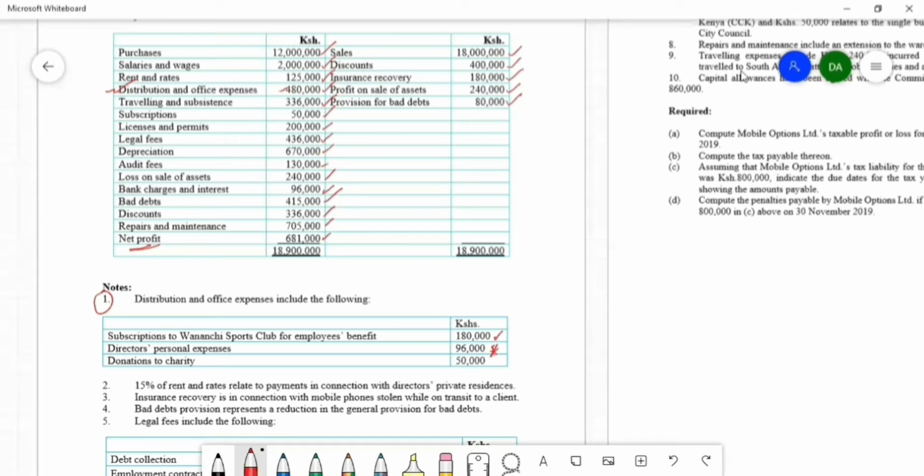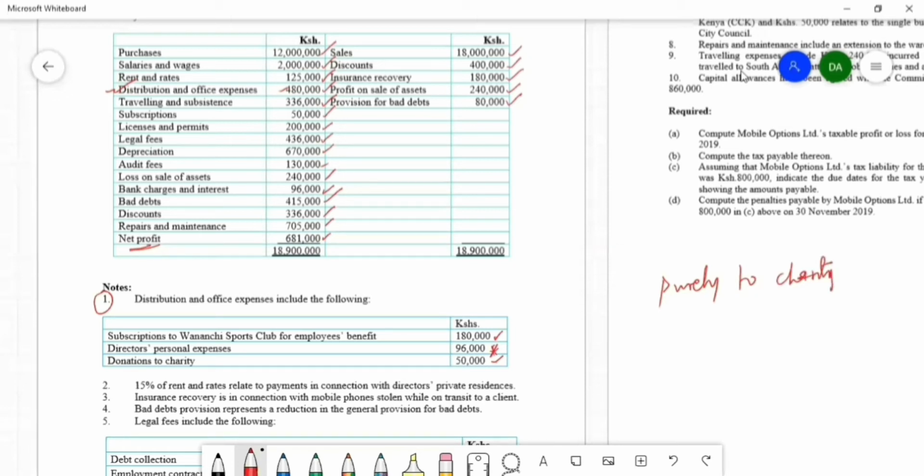The next item is donations to charity. Donations to charity here is allowable. When talking about charity, we are looking at charity in a number of ways. One being that donations must be purely to charity.